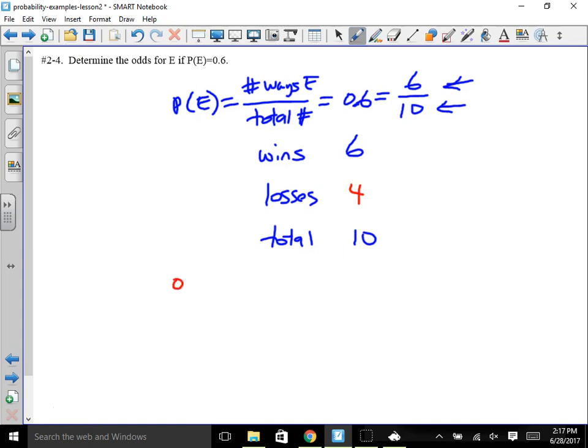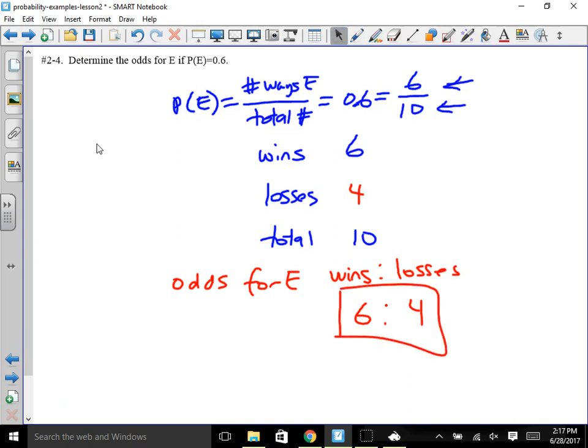So the odds for E happening has to be the number of wins to the number of losses. So the number of wins would be 6, and the number of losses would be 4. And so we would say that the odds for E are 6 to 4. 6 win cases for every 4 loss cases. Okay, that's problem number 4. Let's move on to 5.